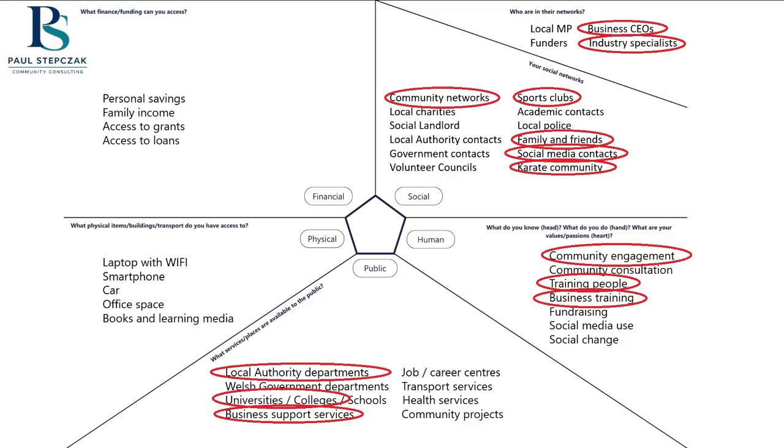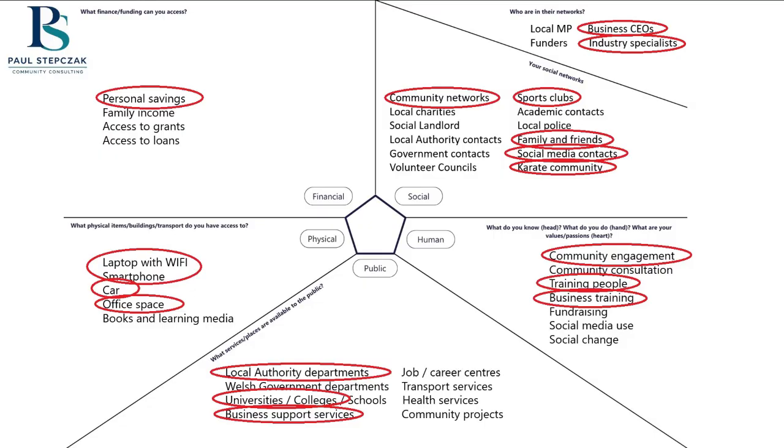So next, we look at physical assets. What do I already own that can help me start my business? Well, I've already got a laptop. I've got a phone. I've got a car. What else is there that can help me have the infrastructure to be able to start my business? And finally, financial assets.